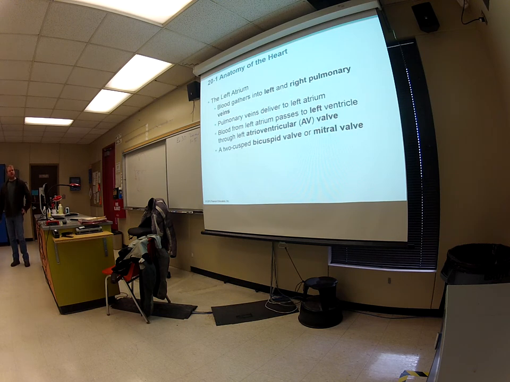So left atrium, blood gathers into the left and right pulmonary veins. This is oxygenated blood. This is oxygenated blood. Pulmonary veins deliver to the left atrium. Blood from the left atrium passes to the left ventricle through the atrioventricular valve, the AV valve, which is also named the bicuspid because it has 2 cusps, or the mitral valve.